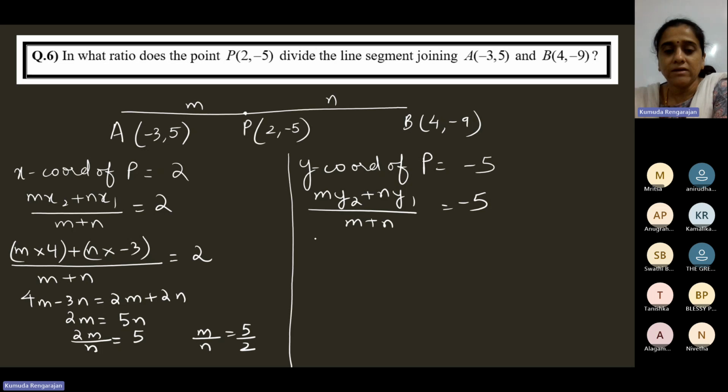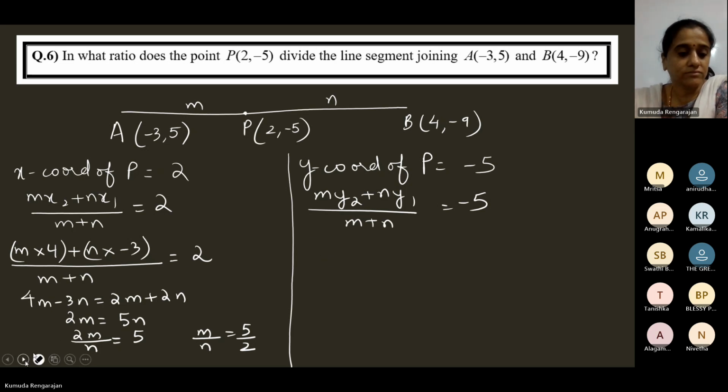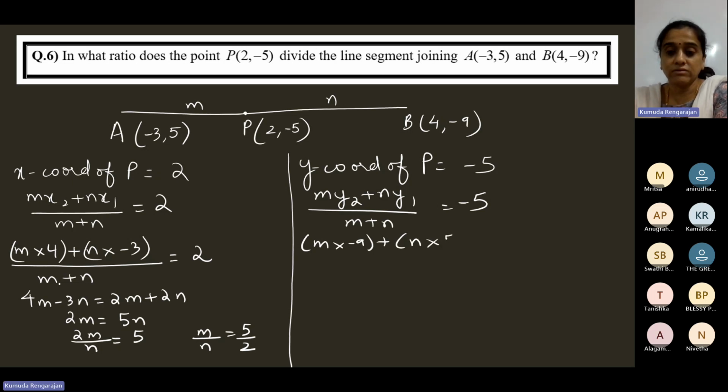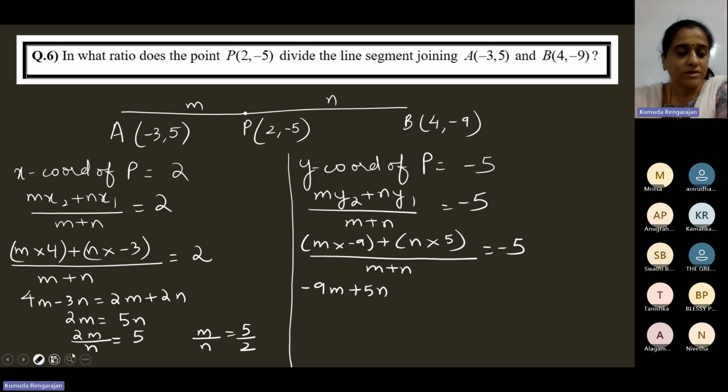Let's work this with the y coordinate. m into minus 9 plus n into 5 by m plus n is equal to minus 5. So minus 9m plus 5n by m plus n, I'll cross multiply since I don't have place also, is equal to minus 5m minus 5n.